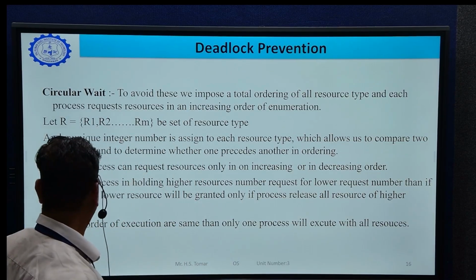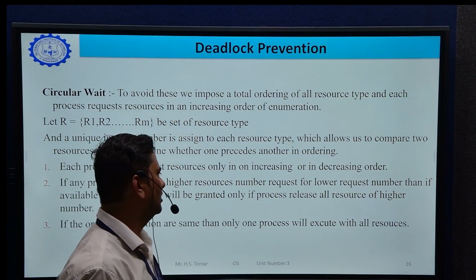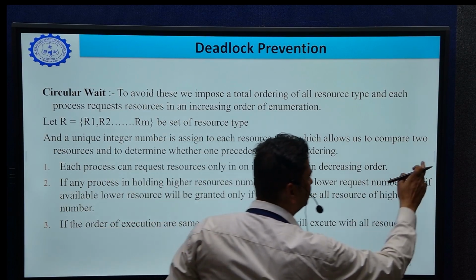Second approach: if any process is holding a higher resource number and requests a lower resource number, yes, same example.